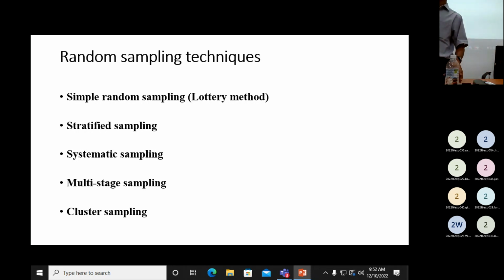Disadvantage: if one of the previous stages is biased, our sample will be biased.